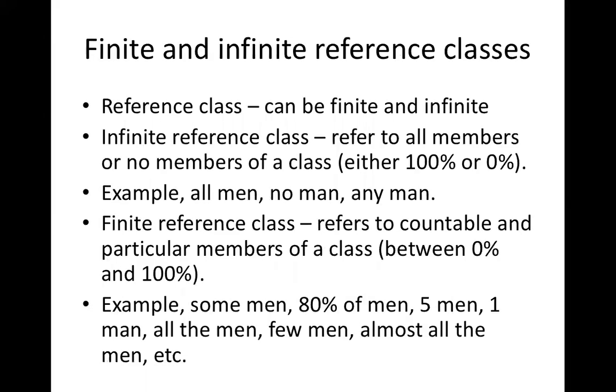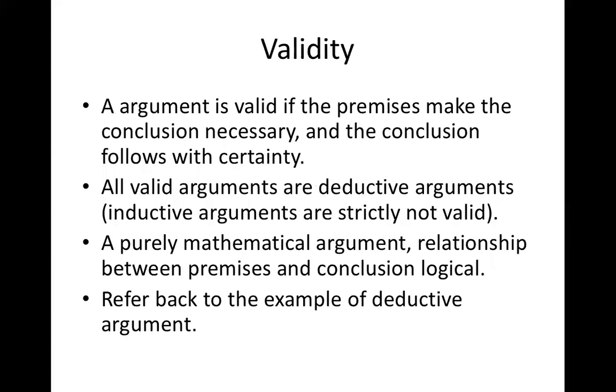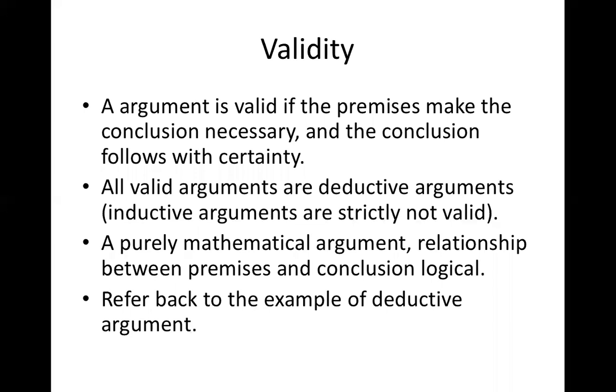All right. So let's go back to where we stopped. We've seen the issue of validity. And we were saying that an argument is valid if the premises make the conclusion necessary and the conclusion follows with certainty. And we said all valid arguments are deductive arguments.